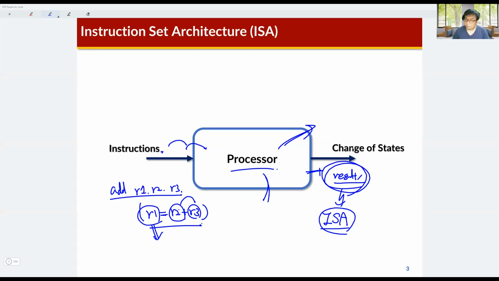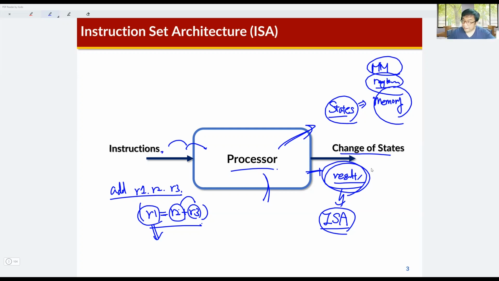In that case, the result means the change of state. What does that mean? What is this state? The state of the computer processor is the contents of memory devices like main memory, DRAM, or register files.